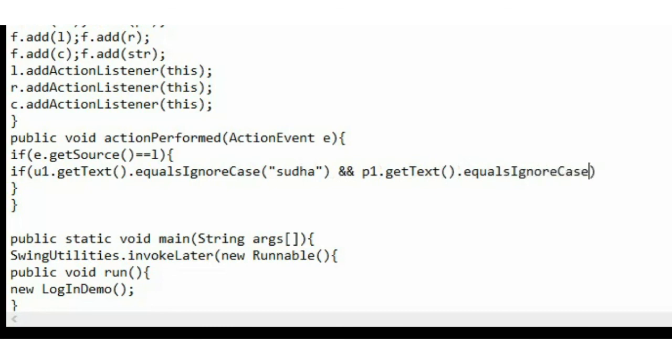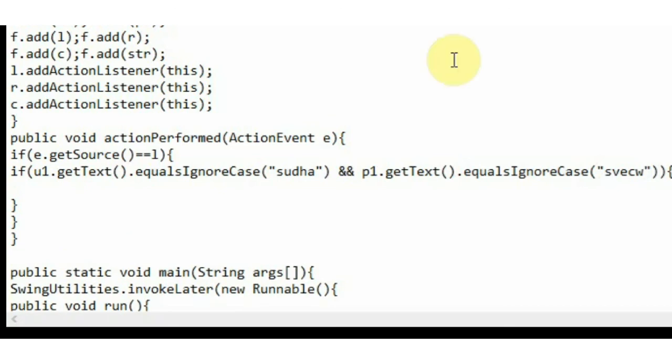I can simply use equals, but I'm using equalsIgnoreCase because the username can be typed in whatever format, in upper or lower case or in camel case. I just want to take the meaning of the word irrespective of the case. So I'm saying Sudha. If the username is Sudha and the password is SVECW, and both match, see that in the middle I have given a logical and.